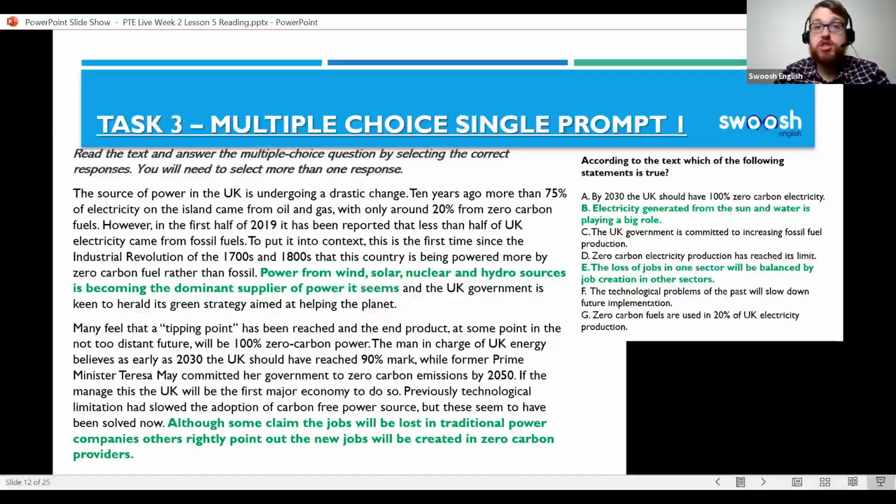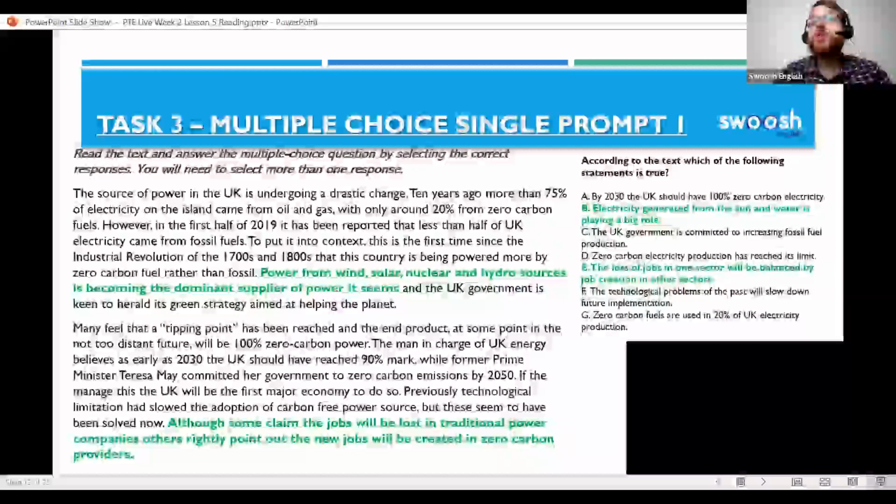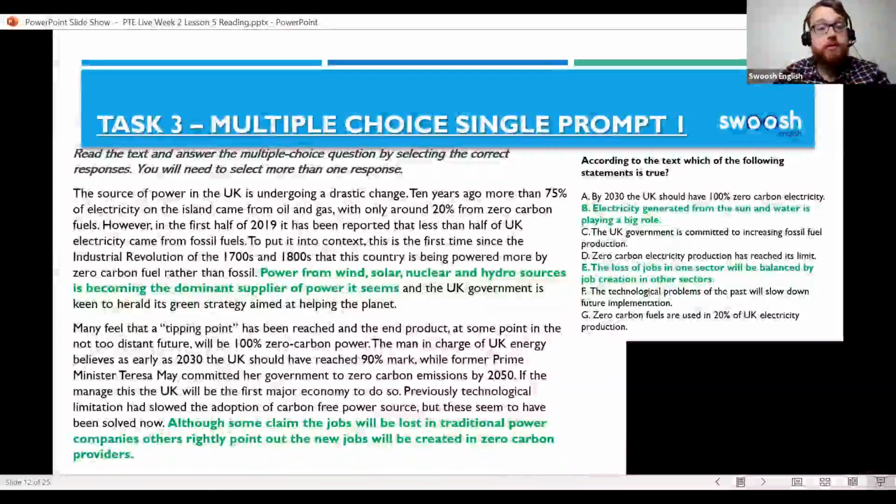Sun is paraphrased with solar, which is sun power, and water is paraphrased with hydropower. So solar and hydropower, referring to sun and water, playing a big role, is paraphrased with becoming a dominant supplier of power, it seems.